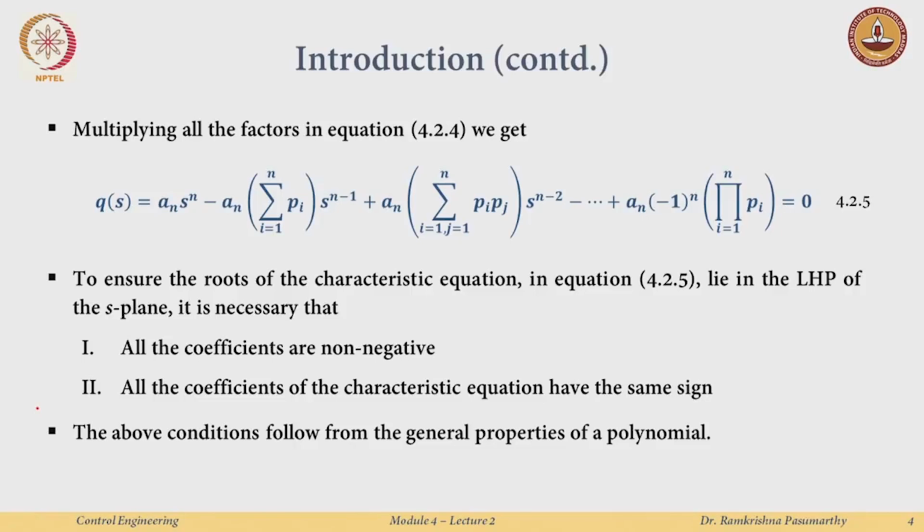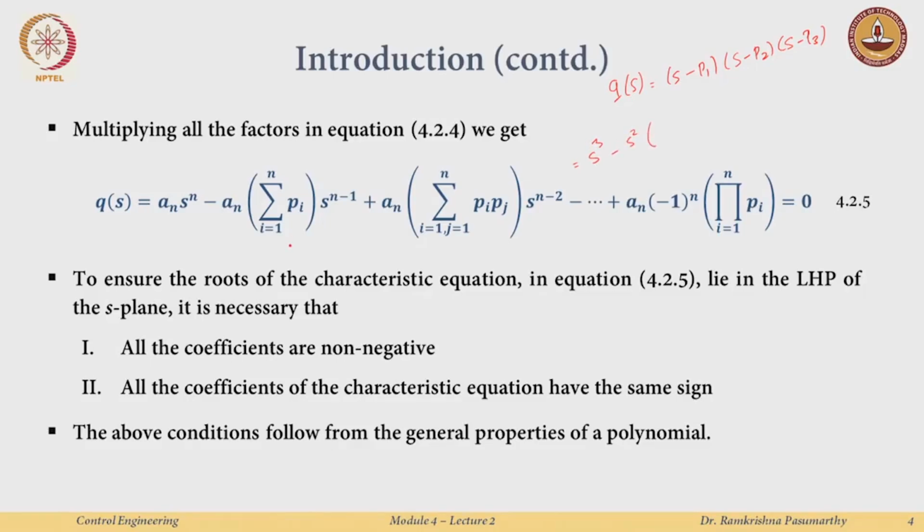Just to simplify this, so what happens when there are 3 poles, right, when this expression Q of S, let us even assume that A3 would be equal to 1, then I have (S minus P1)(S minus P2)(S minus P3), and this would expand to the following. You have S cube and S square.